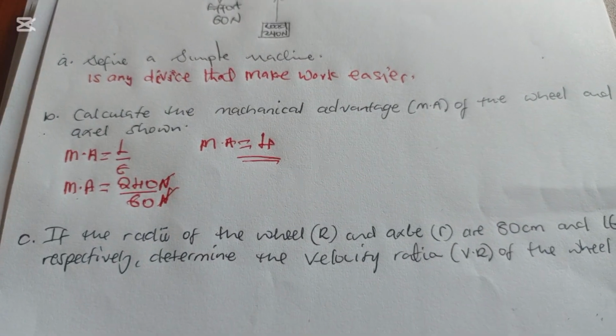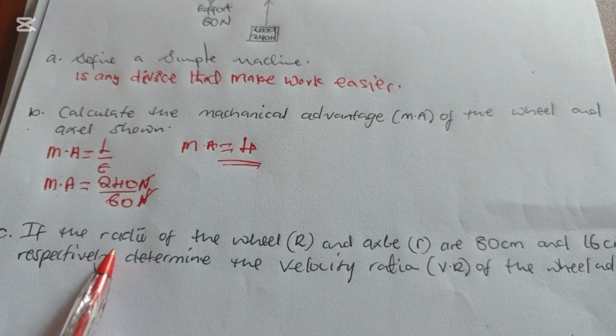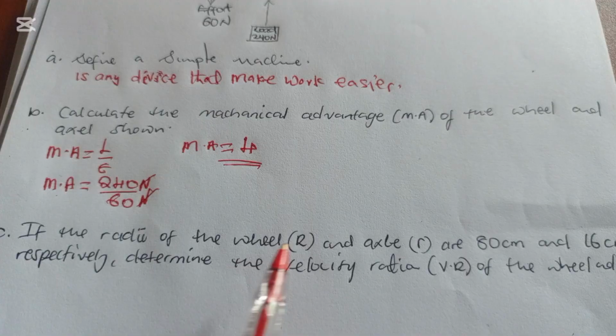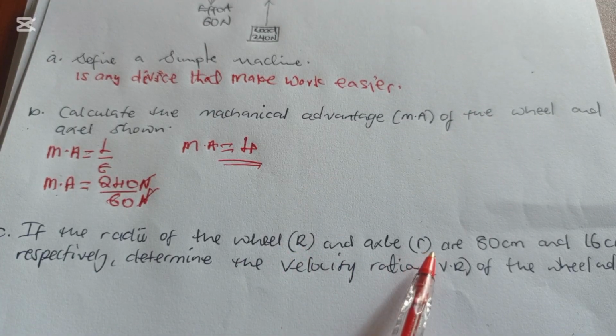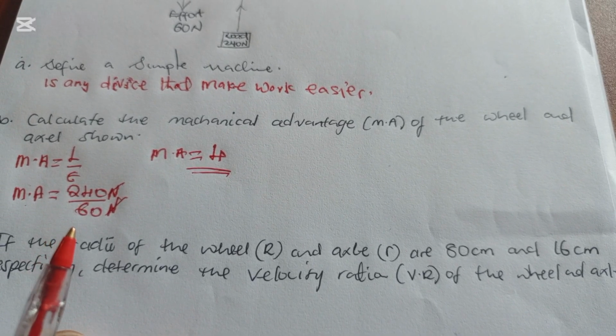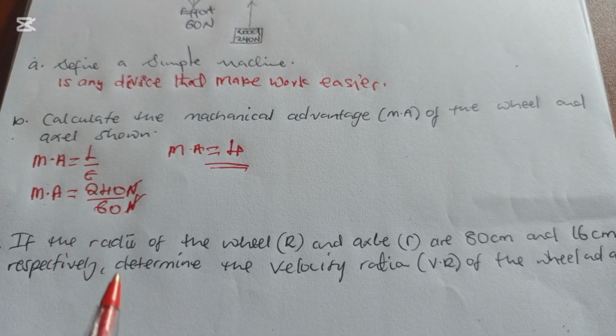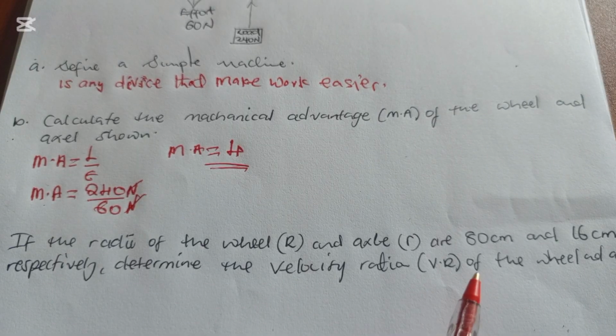Question C is saying, if the radius of the wheel, big R, and the axle, small r, are 80 centimeters and 16 centimeters respectively, determine the velocity ratio VR of the wheel and the axle.